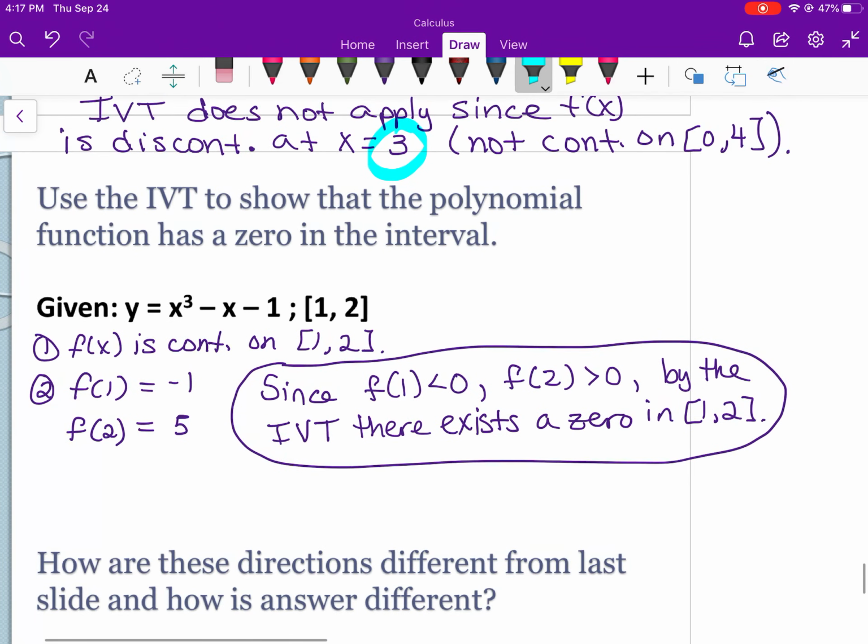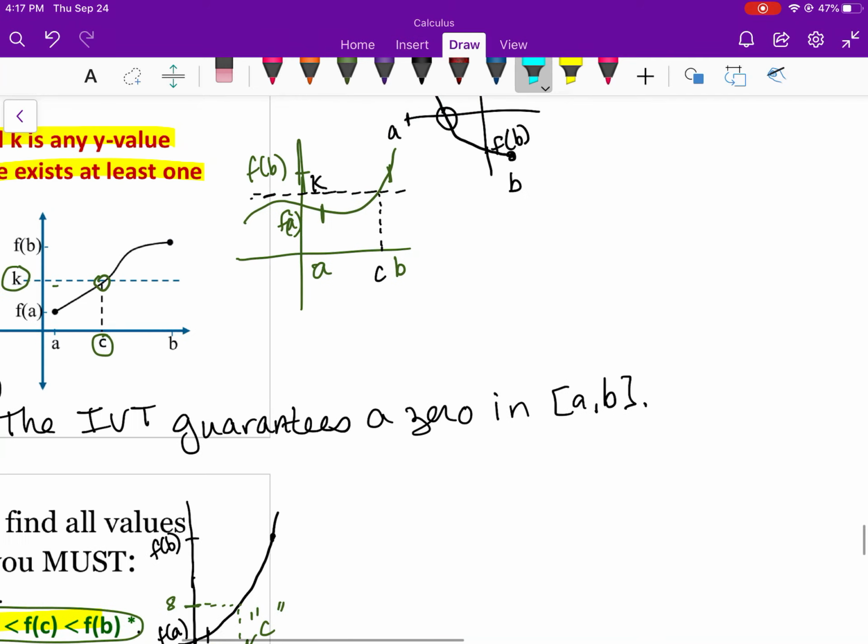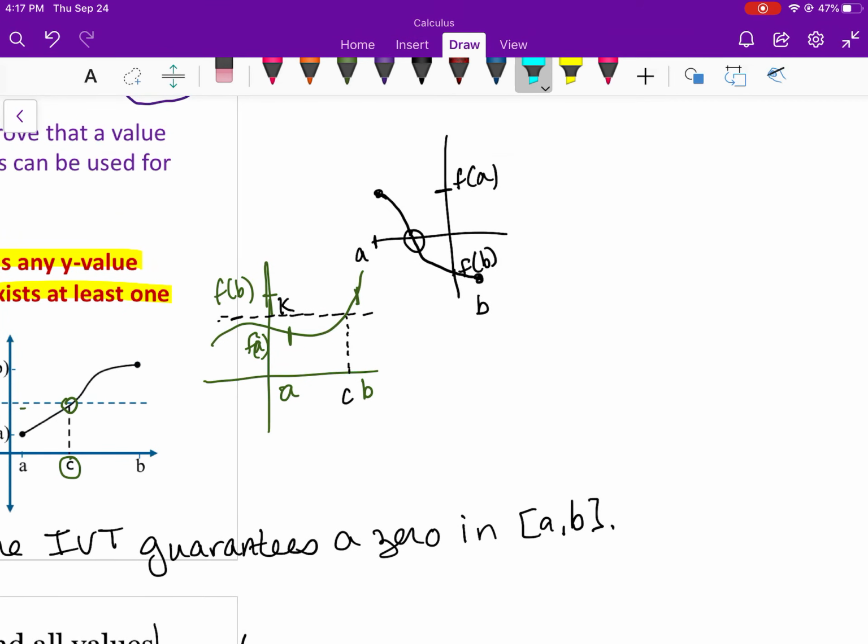This last one, you're just verifying that you have a 0, and that goes back to the fact that to have a 0, your function has to pass through the x-axis, which means either one of these, f of a or f of b, is positive and the other one's negative. So if my curve went up instead of down, and if this was a and this was b, f of a sits down here.